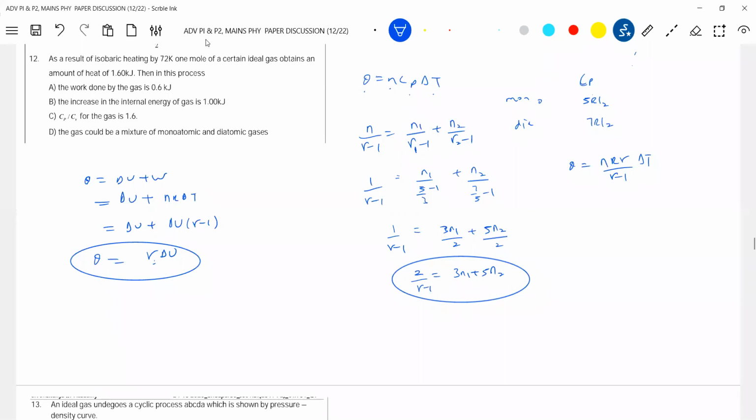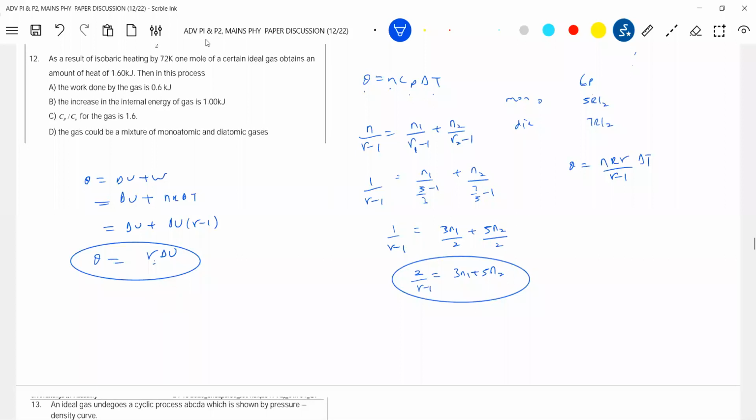If this gamma is purely 5 by 3, then it'll be monoatomic. Purely if this gamma is 7 by 5, diatomic. But if the gamma value is somewhere other than that, then definitely it can be a mixture. Check gamma. Gamma, is it 5 by 3 or 7 by 5? 1.6, sir. Option C is correct. 1.6?